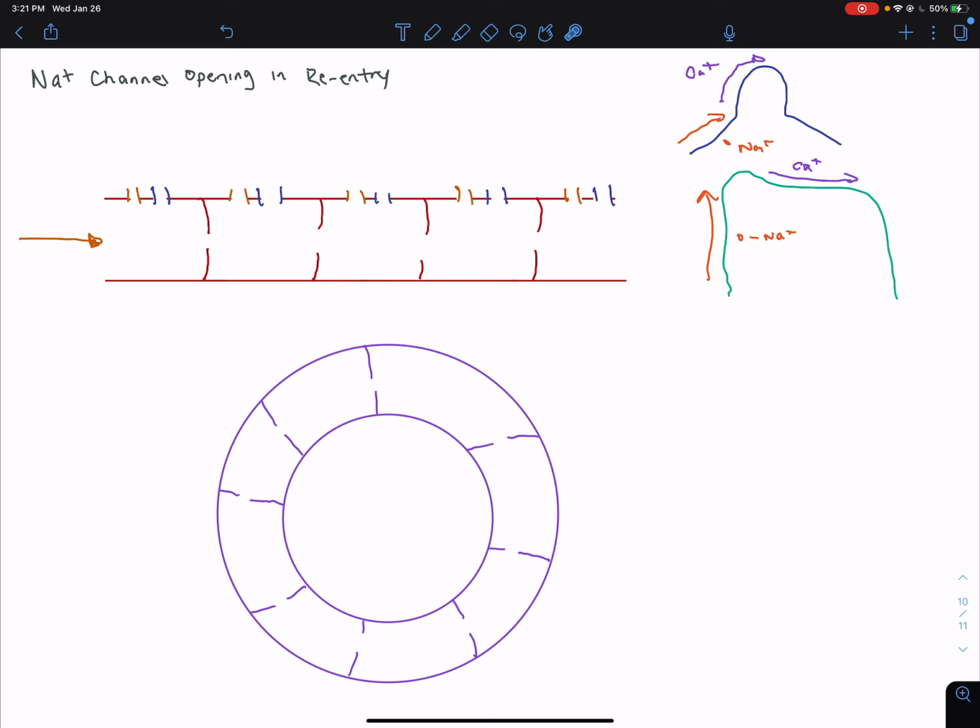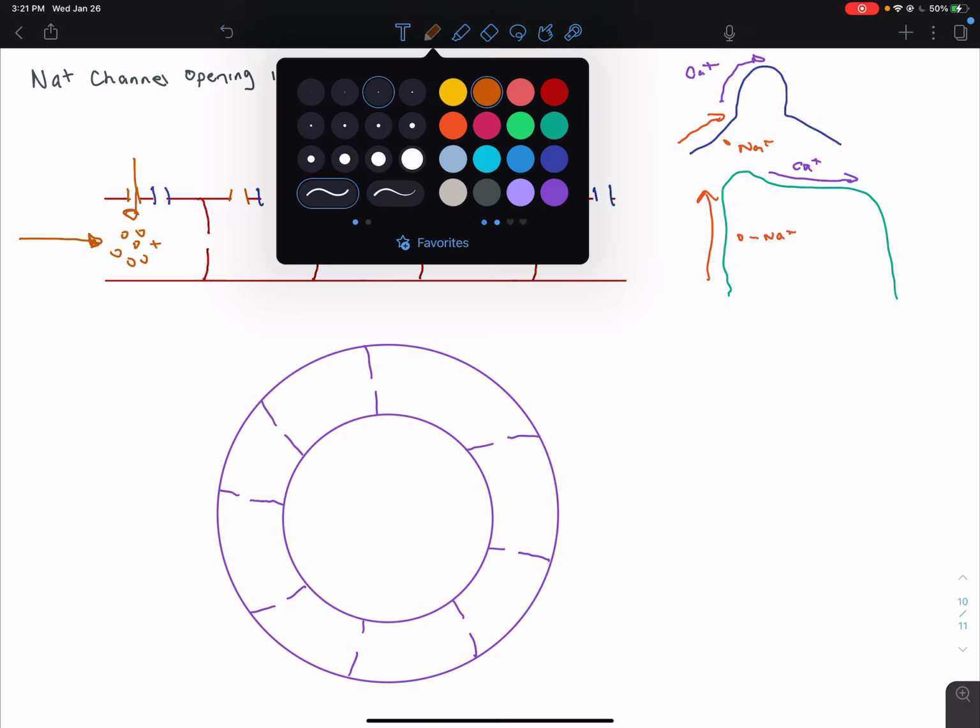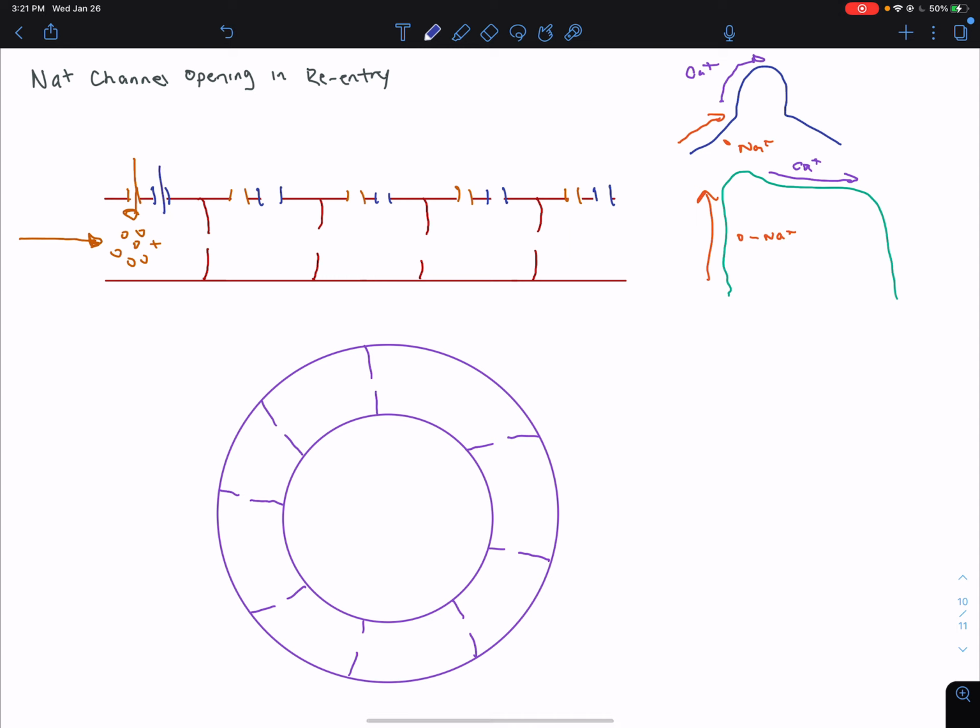So as sodium and calcium enter a cell, we have sodium ions, which are positively charged, entering the cell. We have calcium ions that are positively charged, entering the cell. And the overall internal charge of the cell becomes more positive.